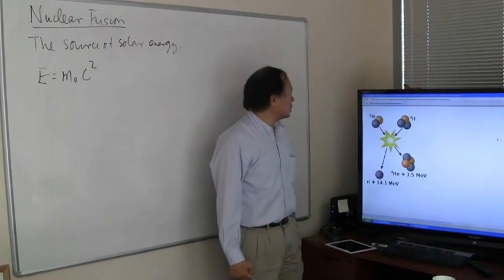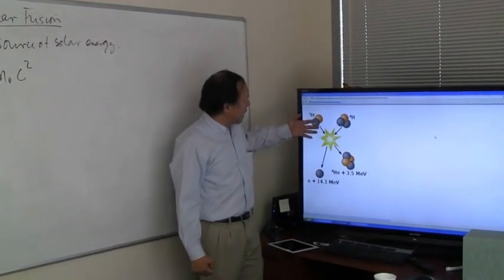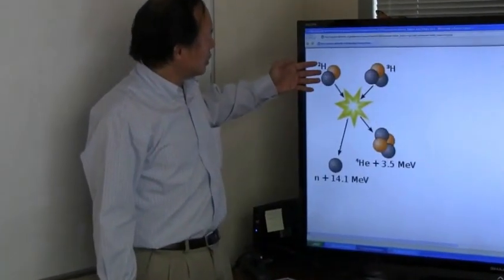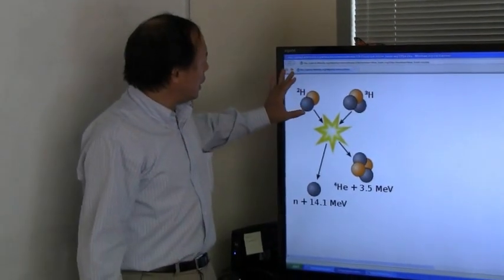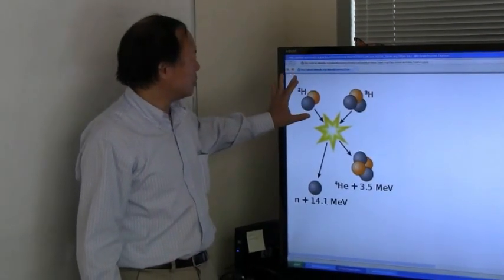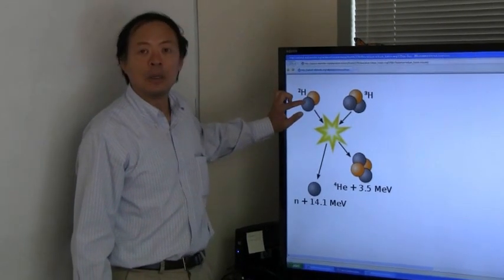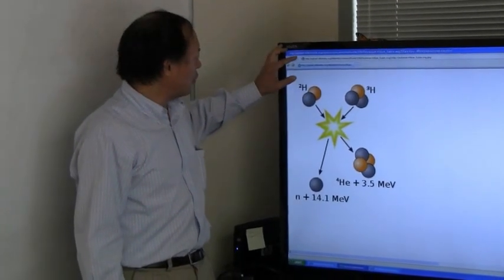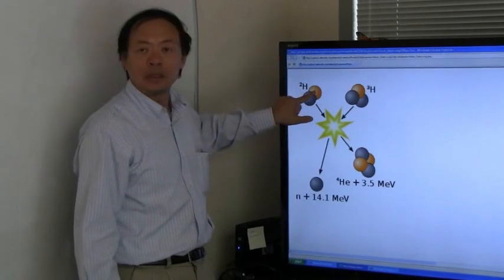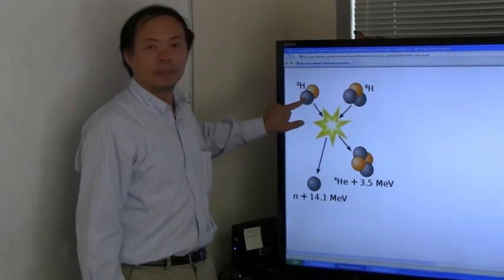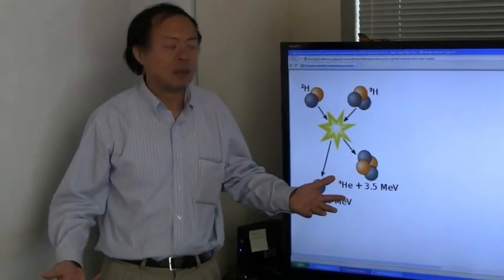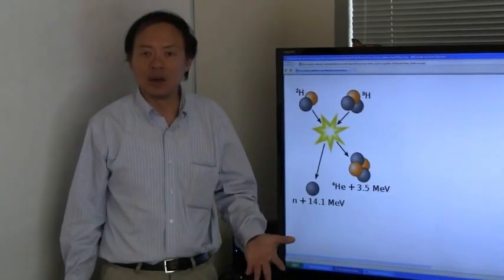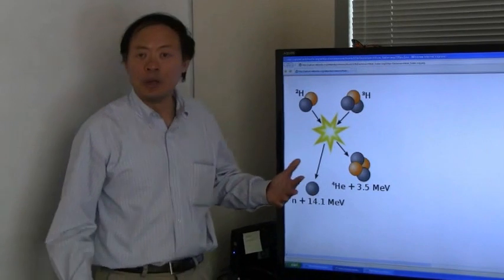Here, we look at the example of fusing deuterium, which is a hydrogen atom with one proton and one neutron. Typical hydrogen we find only has a single proton, but no neutron.